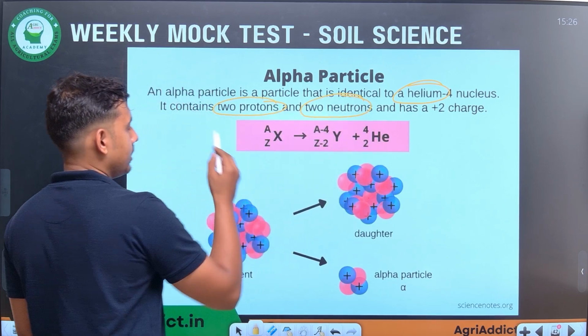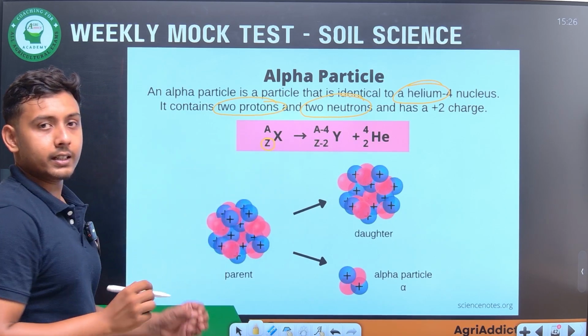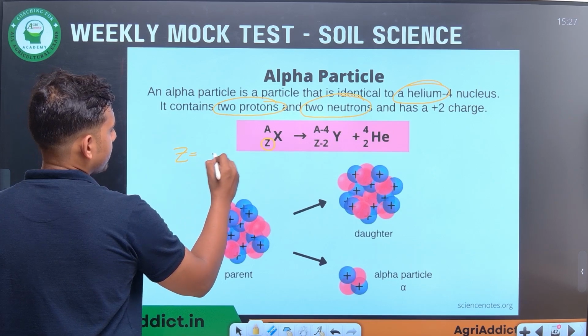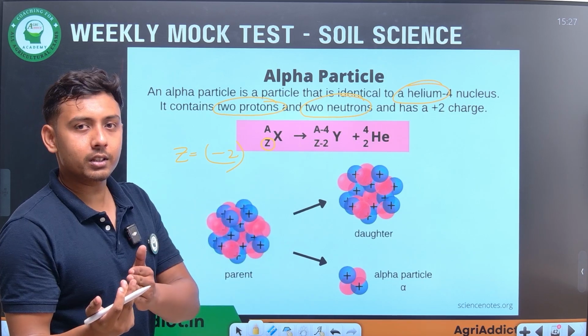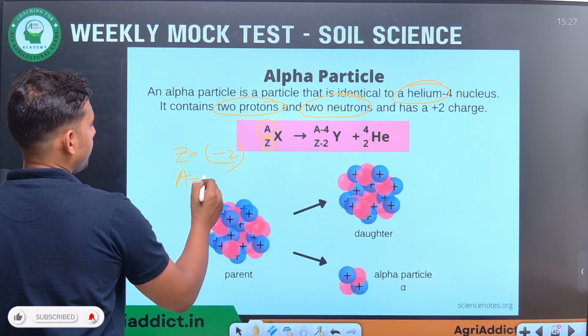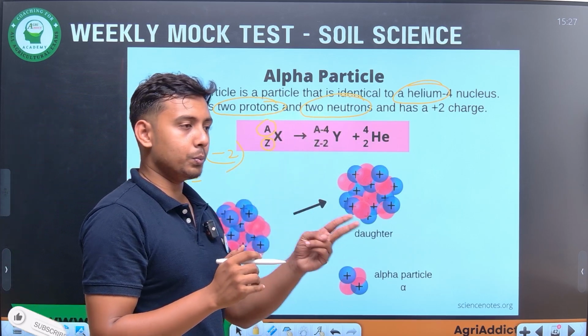Z is the atomic number, the proton number, so Z will be minus 2, since 2 protons are removed. A is the atomic mass, which is protons plus neutrons.